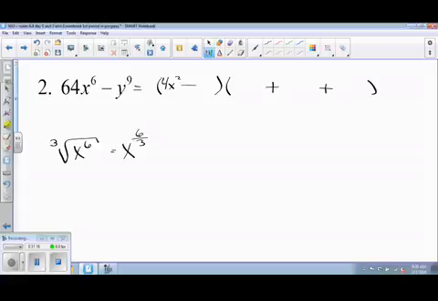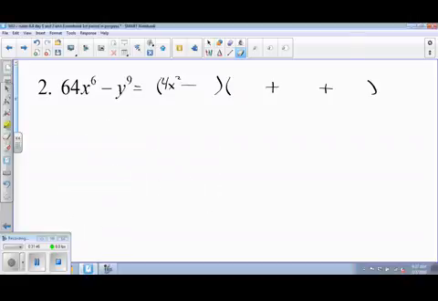Okay? So that's x squared. Some people might connect better with this if I need to take the cube root of x to the 18. That's x to the 18 divided by 3, which is x to the 6. Some people might find it easier to do it that way. Okay?